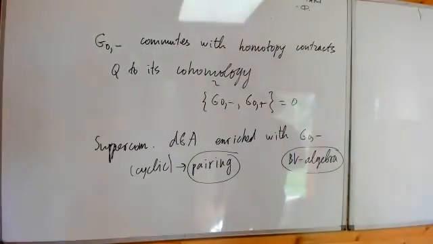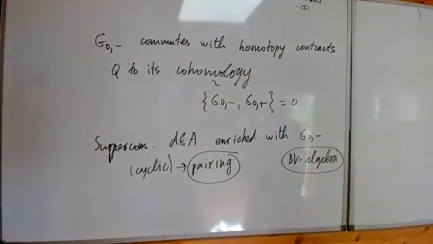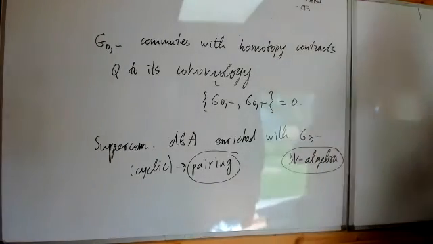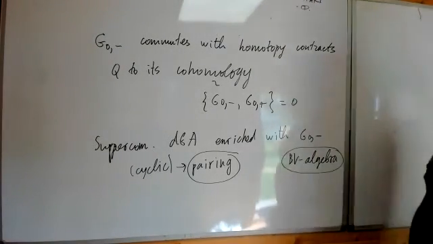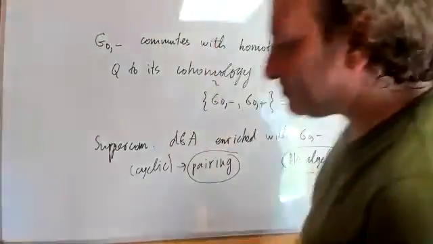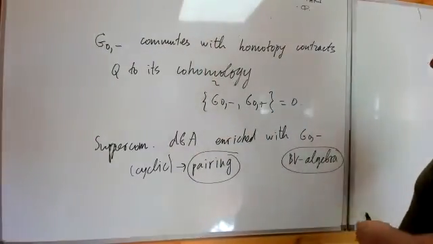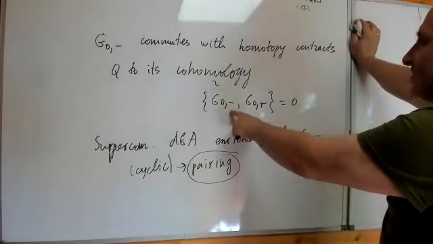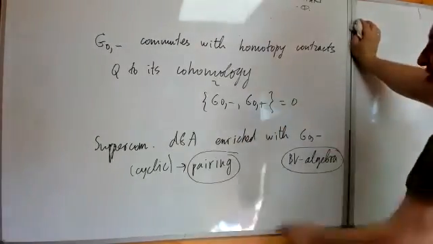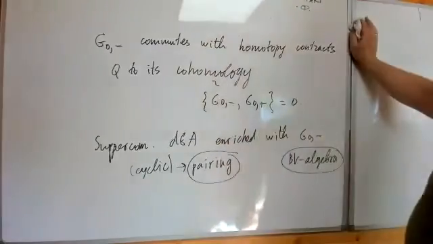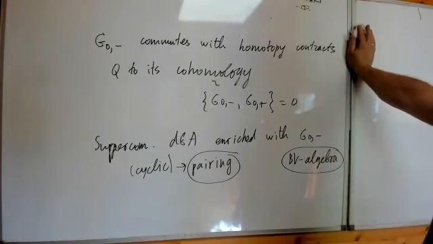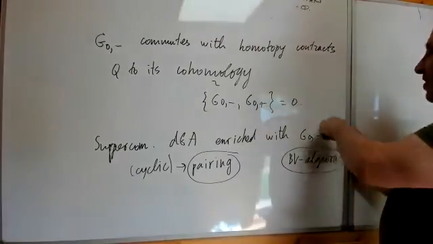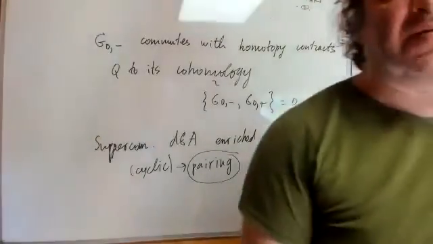So here, the important thing is the compatibility of G naught minus with homotopy. So if you have an algebra enriched, it is a BV algebra.